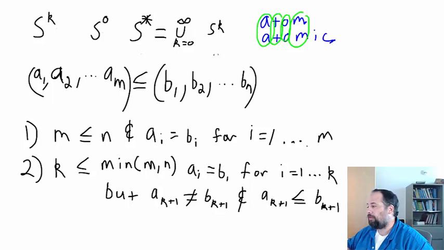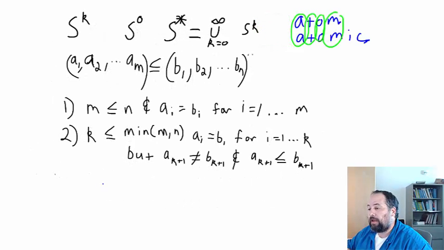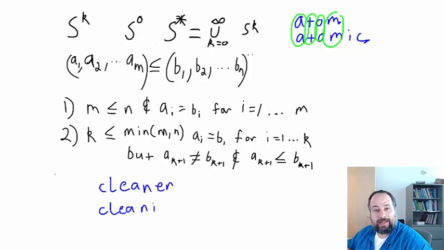So let me give you an example of that. Let's say that we have the words cleaner and cleaning. And in this case, our k is going to be 1, 2, 3, 4, 5. So k equals 5. And 5 is less than m, which is 7, right?